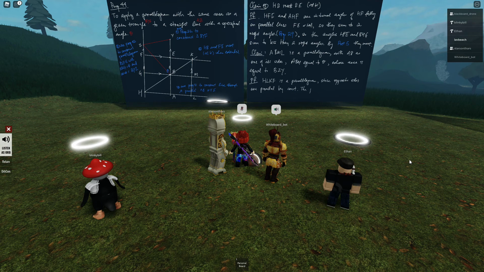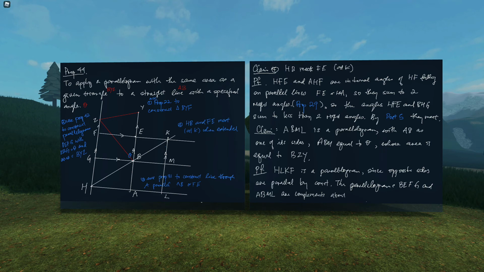So the parallelograms BEFG and ABML are complements about the diagonal HK.